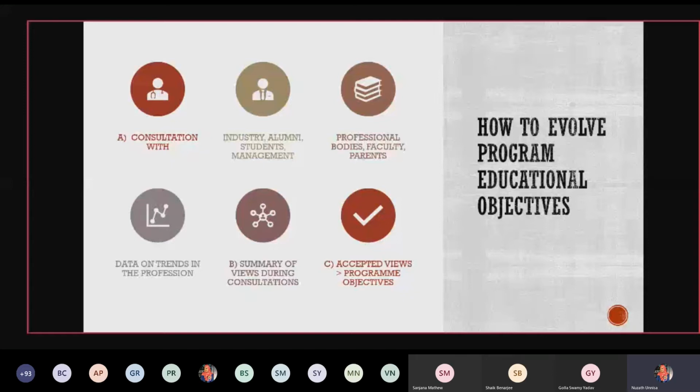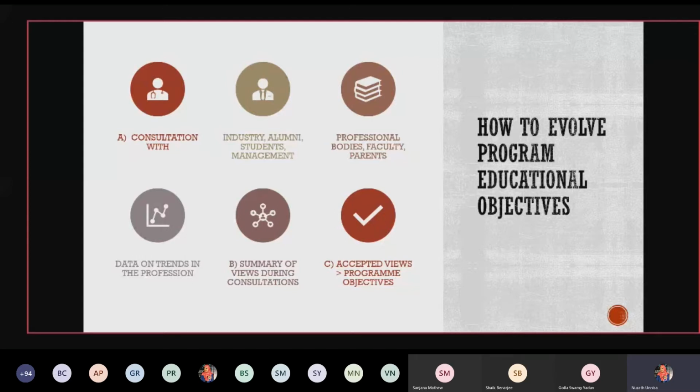All these stakeholders should be involved in writing the PEOs of a particular institution. Professional bodies, faculty, parents, again, these are all stakeholders who should be consulted in order to frame our PEOs. And the data on trends is also to be considered while we are framing our PEOs.